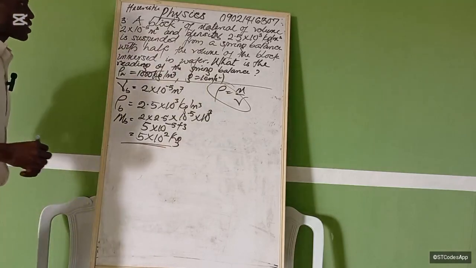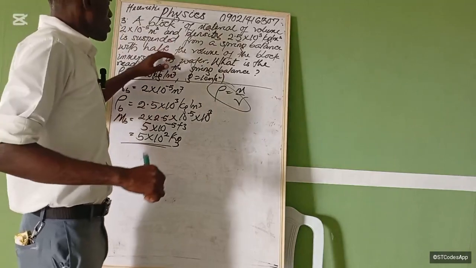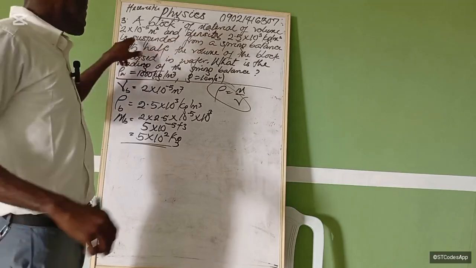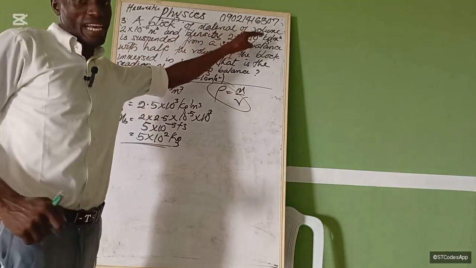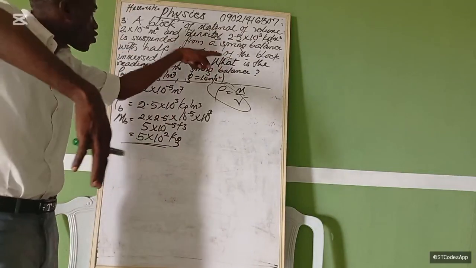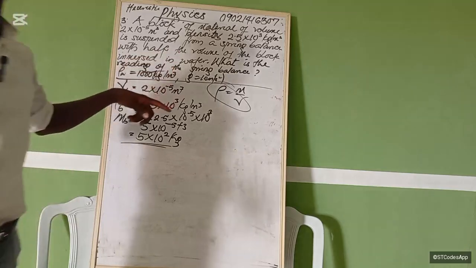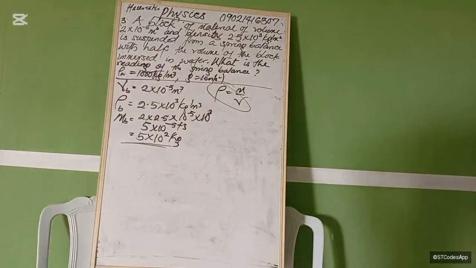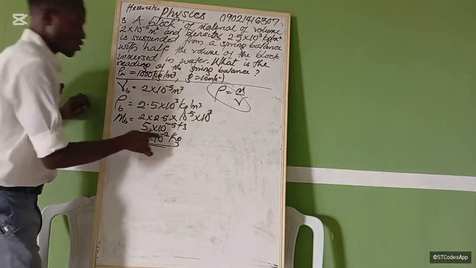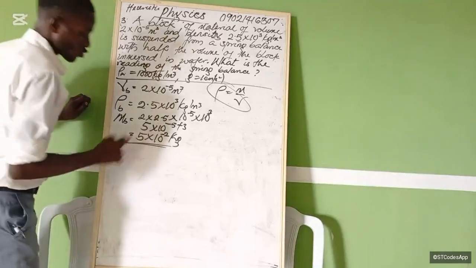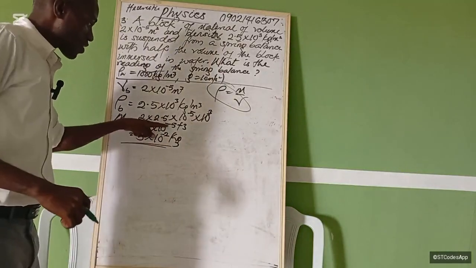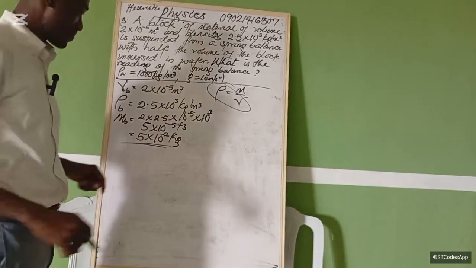Is that okay? Now it says a block of iron of this density is suspended from a spring balance, and half of its volume is immersed in water. Sorry, it's minus 5 plus 2, that's minus 2, thank you.